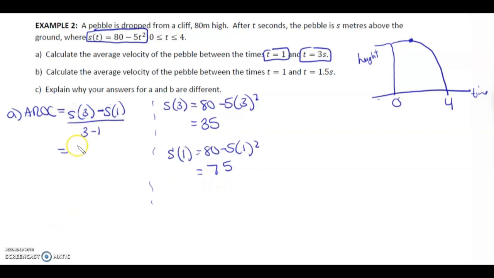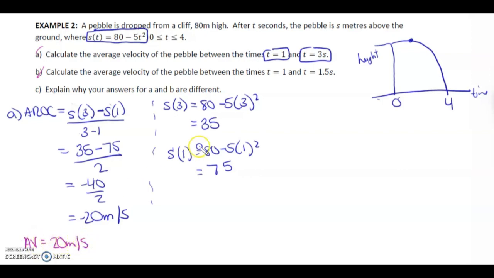So we're going to go s at 3, which is 35, minus s at 1, which is 75, over 3 minus 1, which is 2. So I get negative 40 over 2, and I get negative 20 meters per second. Okay, so average velocity, let's just put average velocity is 20 meters per second. Okay, and that 20 meters per second is negative.